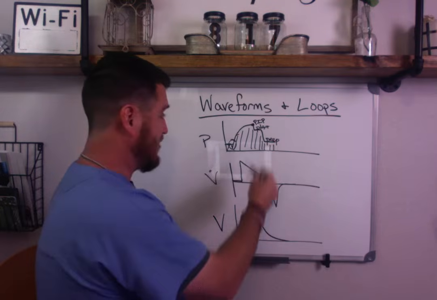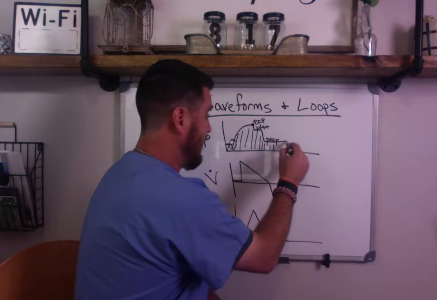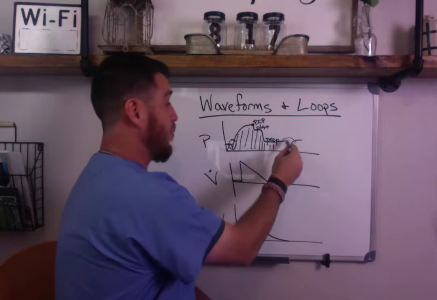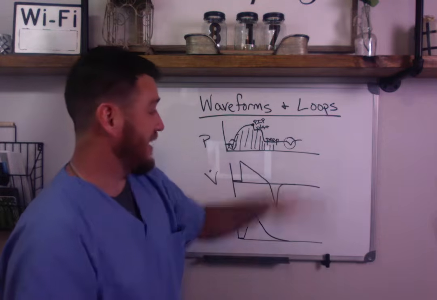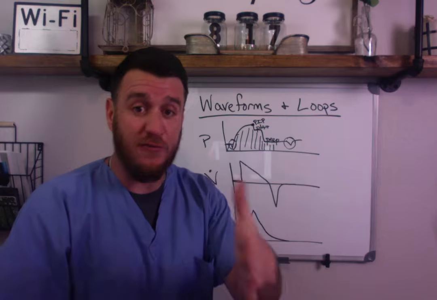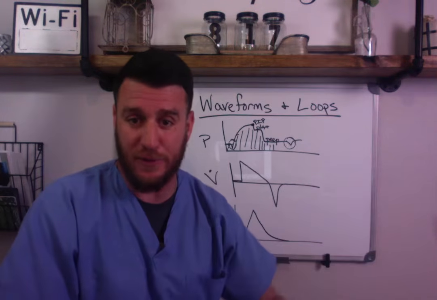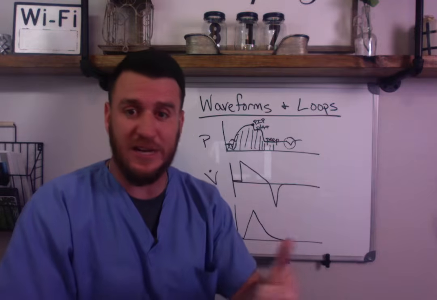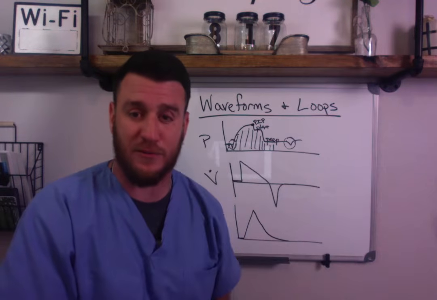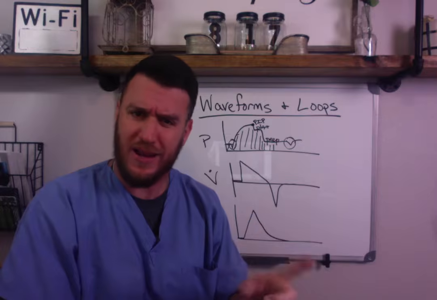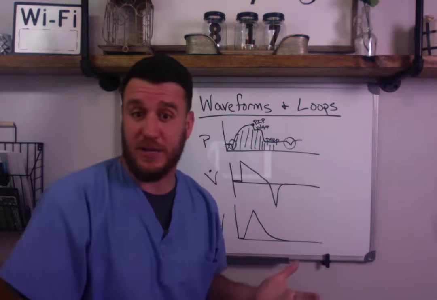Now, before I get into the rest of them, let's talk about this. If you have a dip and no breath that follows that dip, then guess what? Your ventilator didn't respond to your patient's inspiratory efforts. Therefore, it failed to give a breath even though the patient was asking for one, which sounds like torture, right? Like if I want a breath, I should be able to get one.